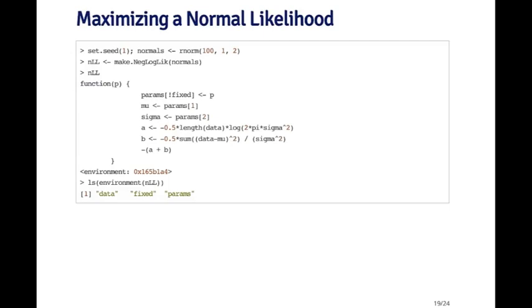So if you look at the environment for this negative log likelihood function by calling ls, you'll see that the data variable is there, the fixed variable, which indicates which parameter should be fixed, and then there's also the params variable. So those three things are all free variables inside this negative log likelihood function, but they're defined in the defining environment.